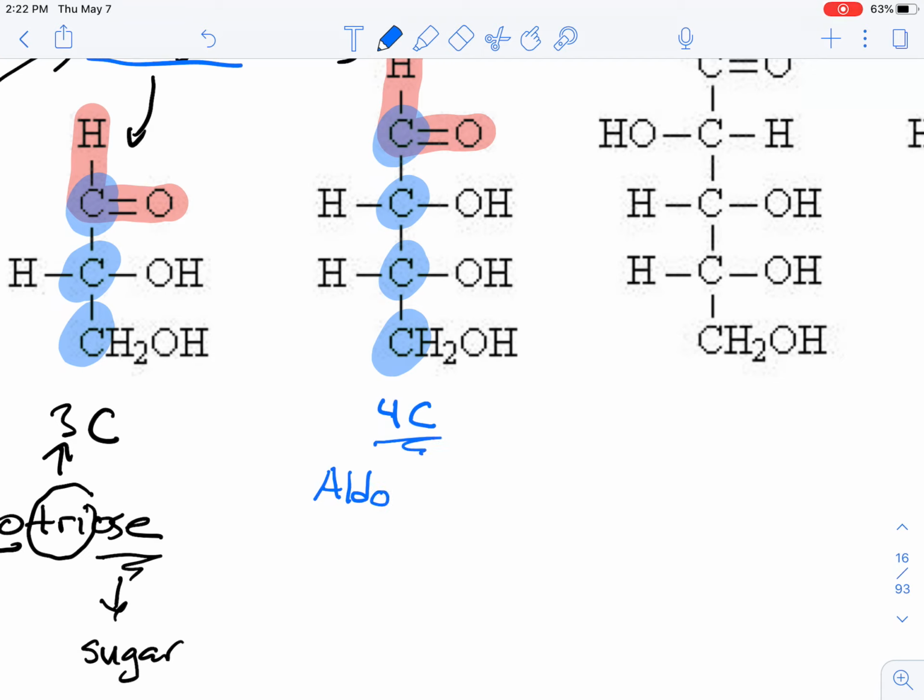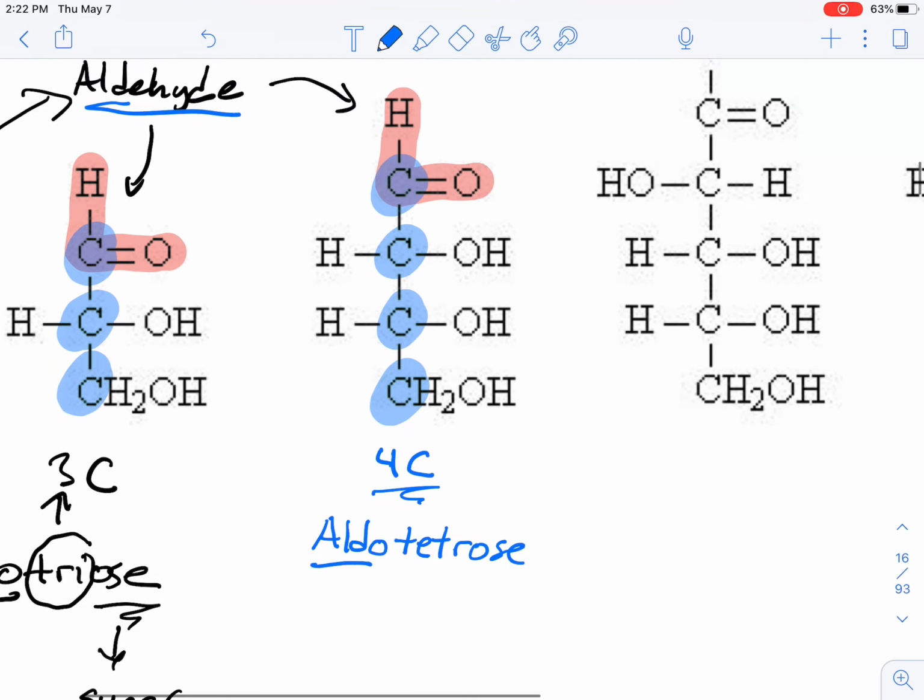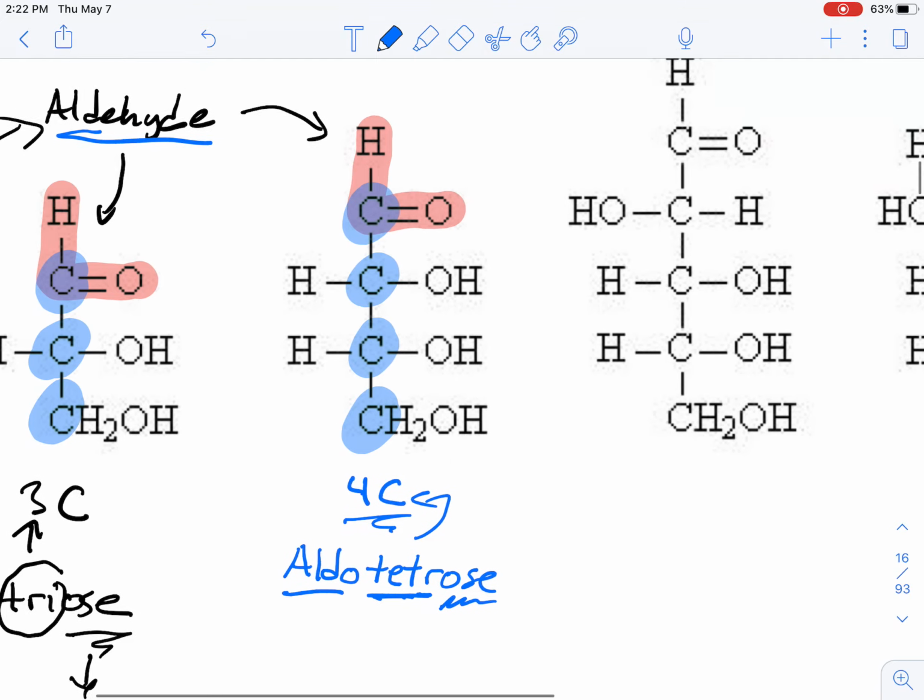Four carbons, we typically think of as tetra, but we're going to shorten it to tet, and then add the suffix -ose. So this is aldotetrose. Once again, aldo is the aldehyde, tet is the 4-carbon compound, and the -ose is the sugar.